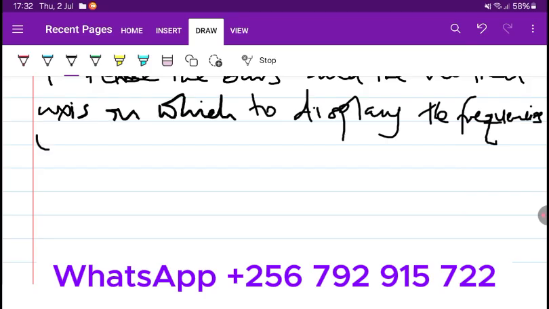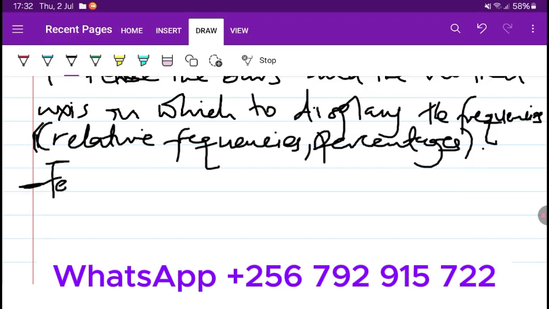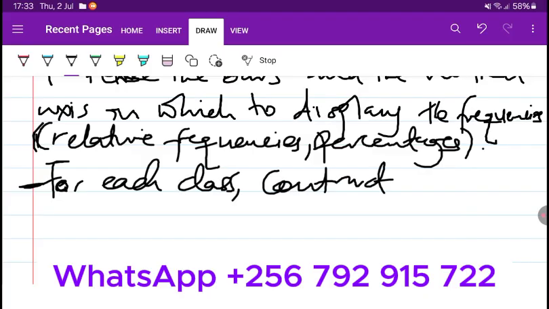They could be frequencies, they could be relative frequencies, or they could be percentages. Then the third one is for us to, of course, for each class, construct a vertical bar.